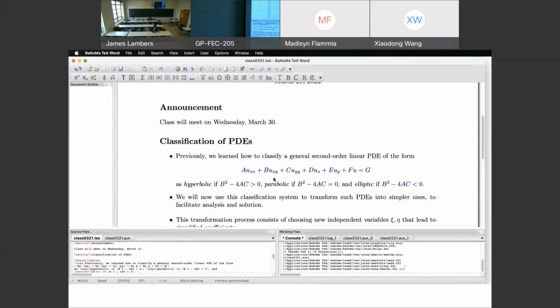And at the time, it seemed like a rather arbitrary classification. But what you'll see today is that there's an actual reason for it. You'll see the significance of the sign of b squared minus 4ac in terms of your approach to solving the PDE.